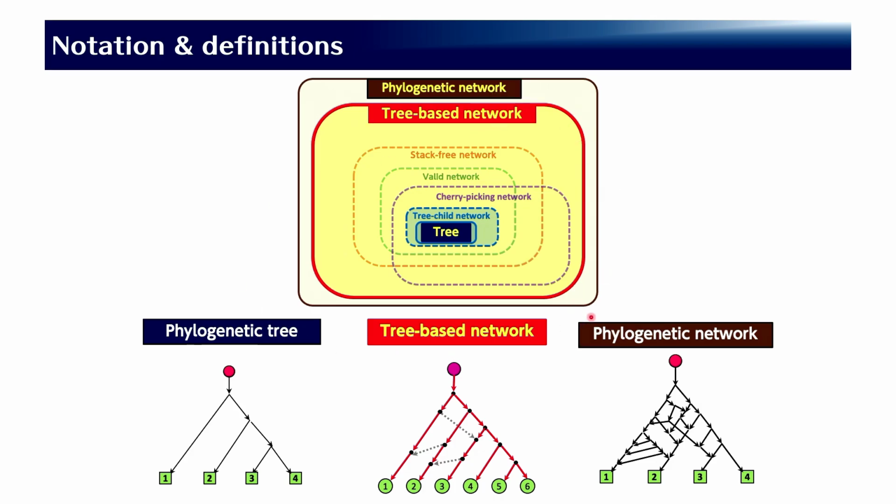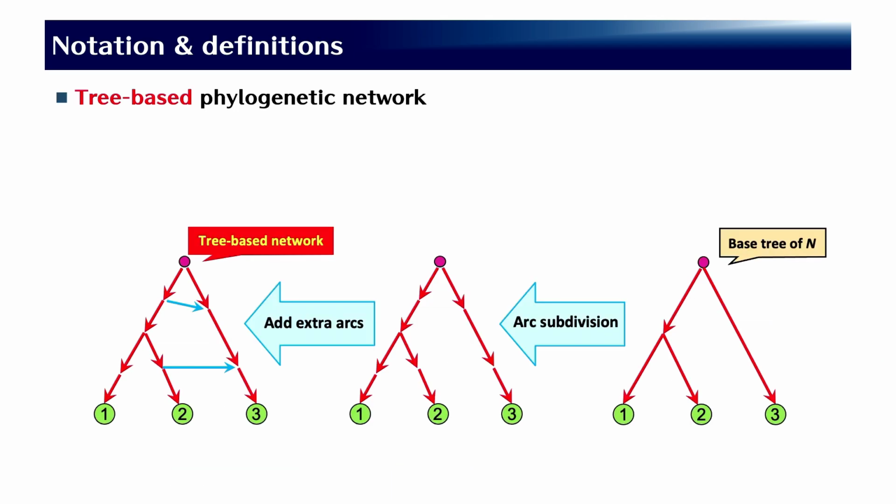So what are tree-based networks? As the name indicates, tree-based networks are phylogenetic networks that can be obtained from a phylogenetic tree. Well, they are very easy to construct. We first pick any rooted binary phylogenetic X-tree as a base initial tree.